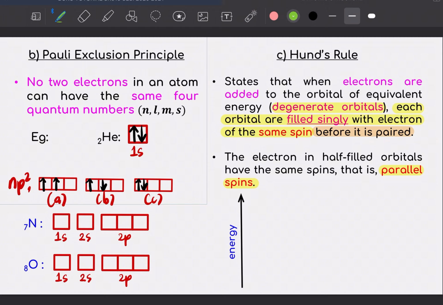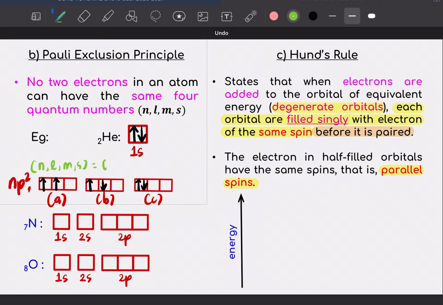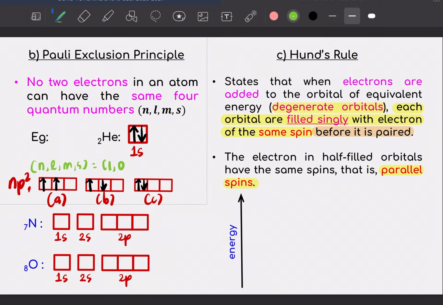So the n, l, m, s for the left electron will be 1, 0, 0, plus half. m is 0 since l is 0.